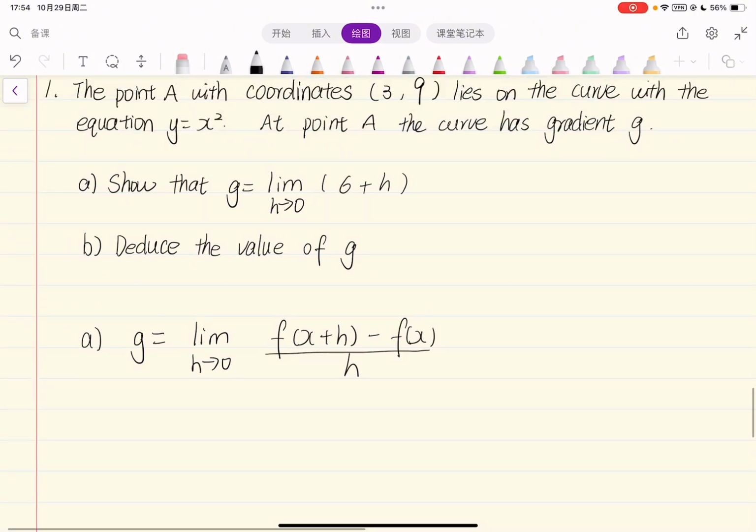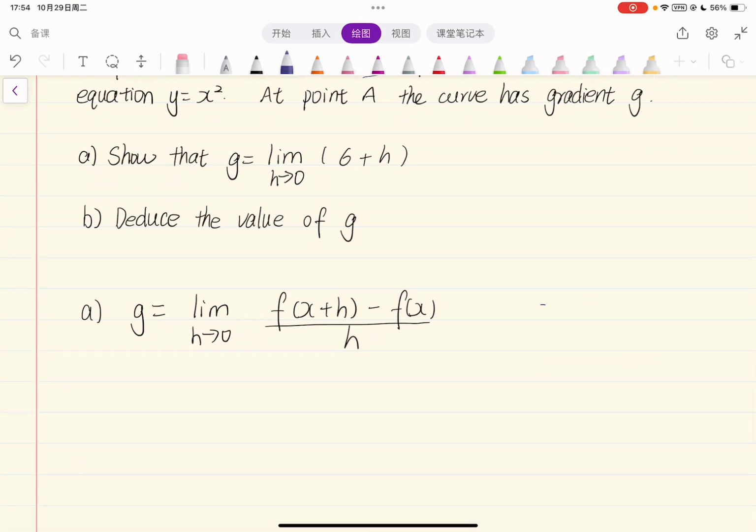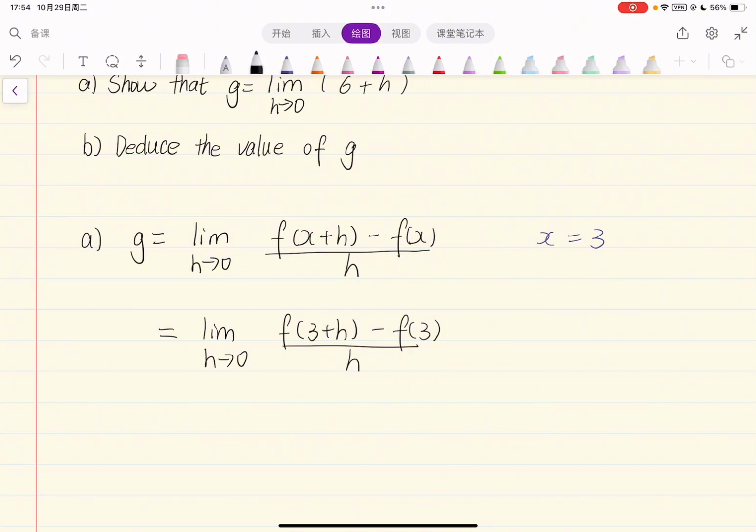The point we know is point A with the coordinates (3, 9), so x equals 3. Thus we get the limit as h tends to 0 of f(3 plus h) minus f(3) over h. This is the expression of the gradient of the tangent at point A.